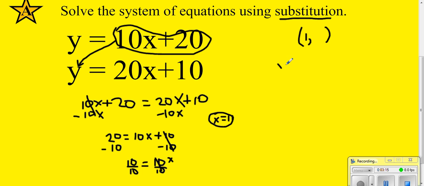So I'm going to use the first one, y equals 10x plus 20. So y, you don't know what y is. 10 times x, which is 1, in this case, because that's what you solved, that x is equal to 1. So you put that right here, and then plus 20.